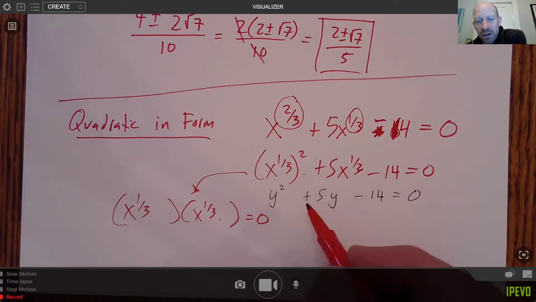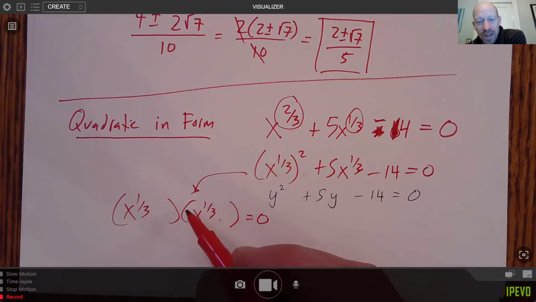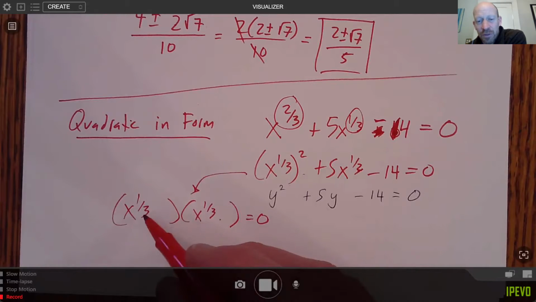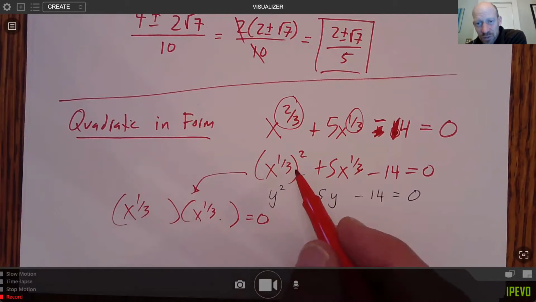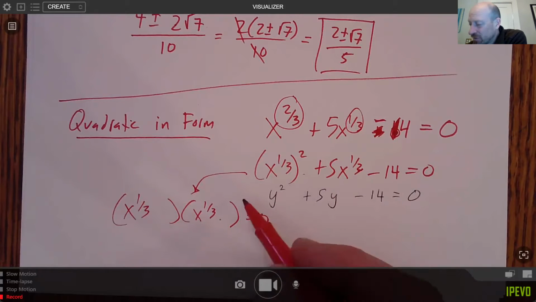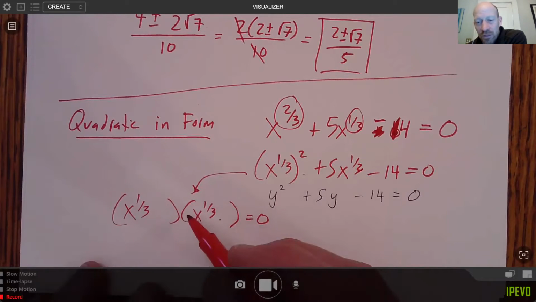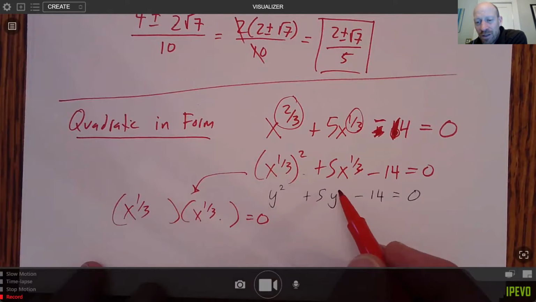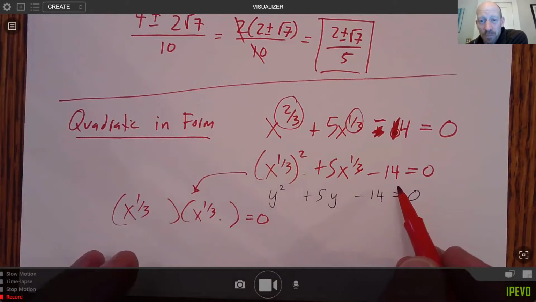So the pattern is the same as a quadratic. X to the 1/3 times x to the 1/3 is going to give me this squared term. And then the middle terms are both going to be some kind of x to the 1/3, and those are going to add up to 5. And the constant term has to multiply to give me minus 14.